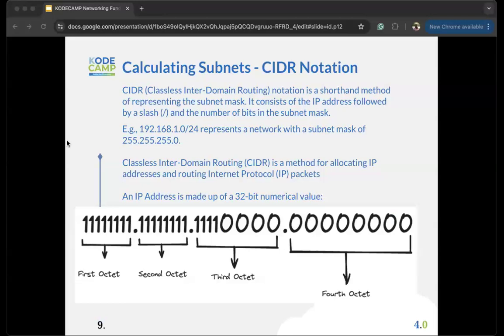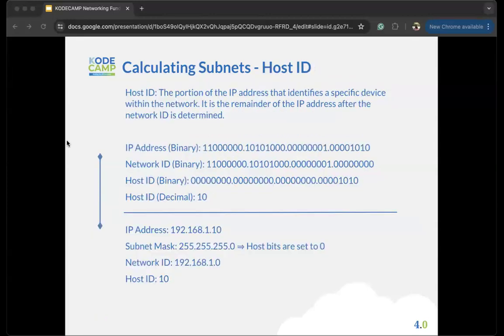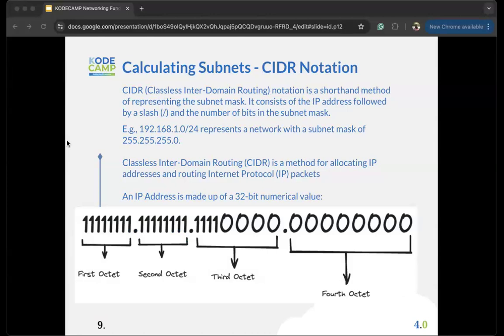Okay, so speaking to CIDR notation now, which is a method of representing the subnet mask, this 255 that we have here, by using a slash and a number after the IP address, to represent the subnet mask of the network.